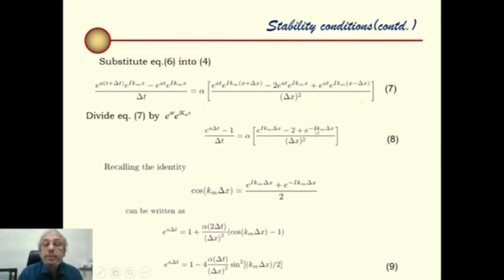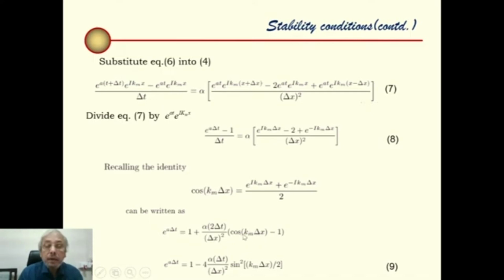We substitute cos theta in equation 8 and we get this equation in terms of e to the power at, which is effectively the amplification.